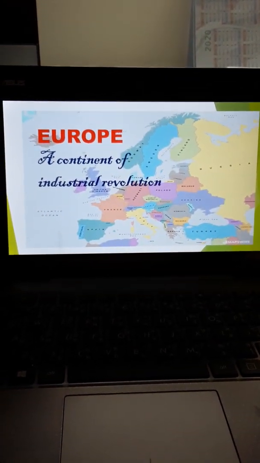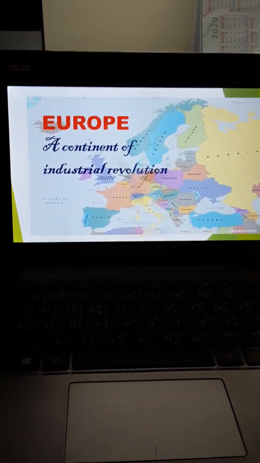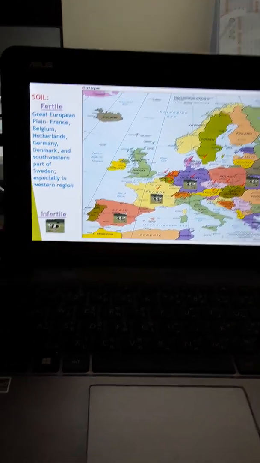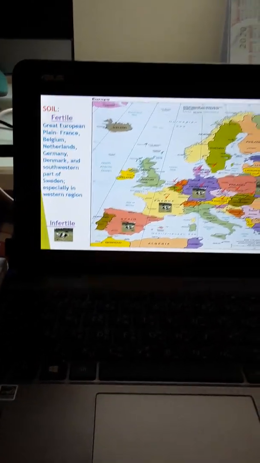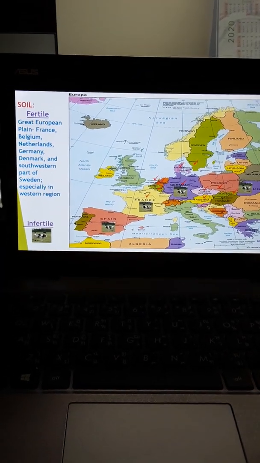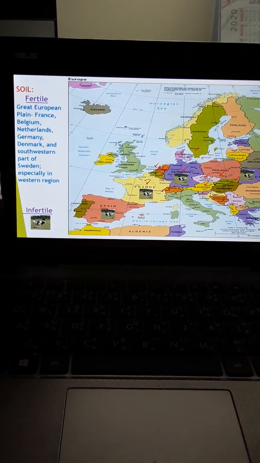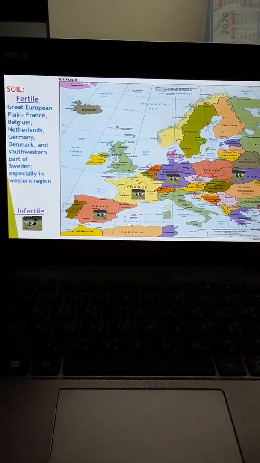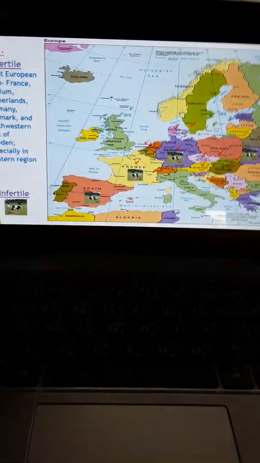Now let's talk about Europe, a continent of industrial revolution. First, let's see the fertile soil that is found in the Great European Plain. When we say Great European Plain, it is the area wherein they usually plant especially wheat.